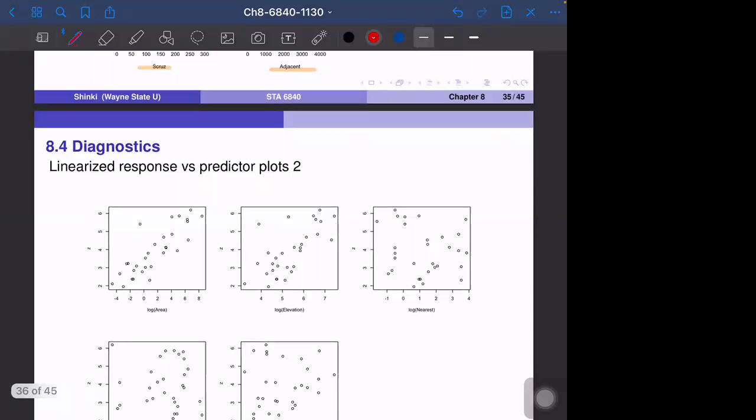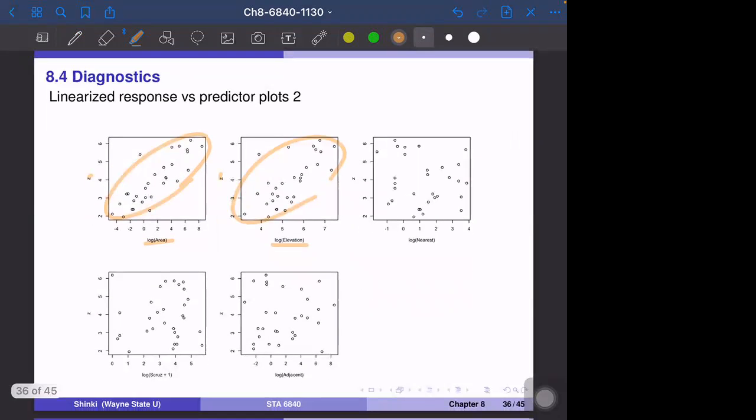If we take logarithms, some of the graphs look better. Actually this is a good graph. The log of area and z are linear, and the log of elevation and z is also linear. The others look almost random.